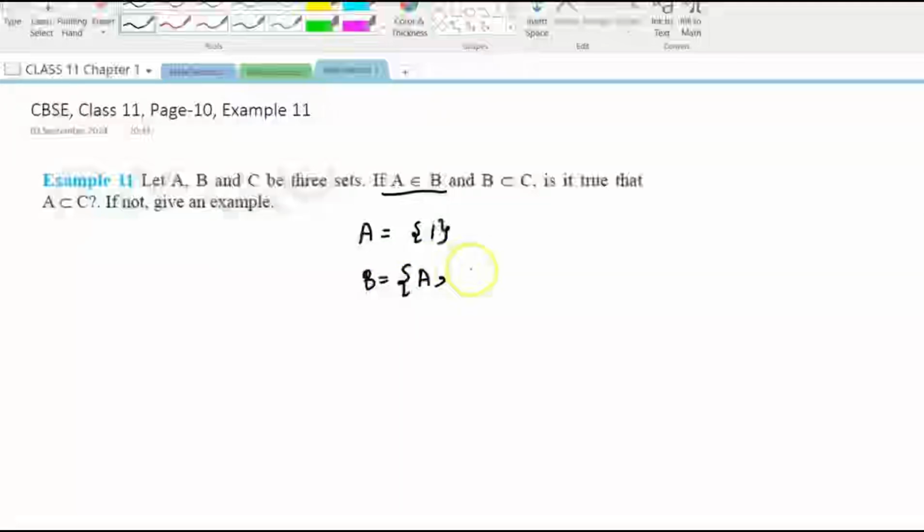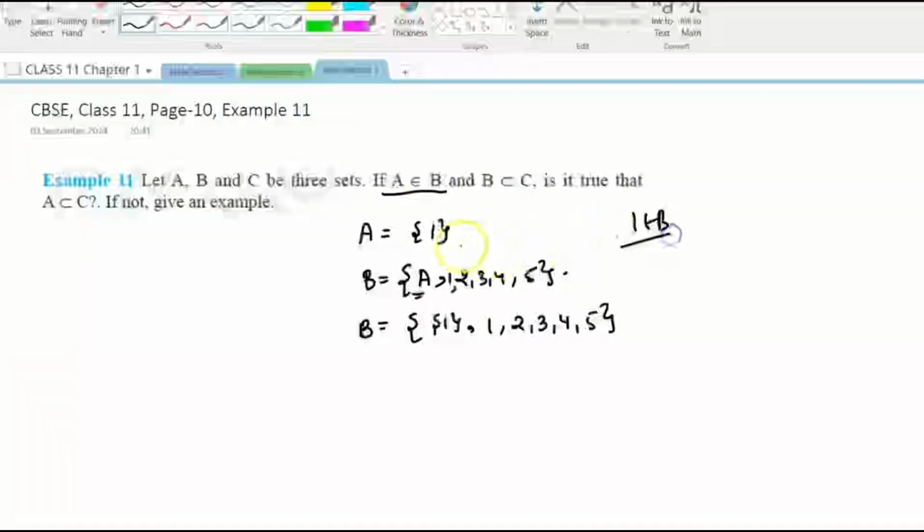A should be here and B could be anything, then 2, 3, 4 and even 1 also, 5. So what does this mean? This means that we will write B as 1, 2, 3, 4, 5. So A belongs to B does not mean that 1 belongs to B. It means that A as a set belongs to B.